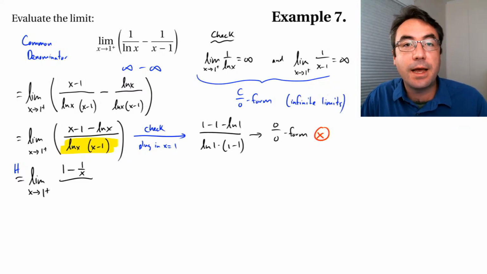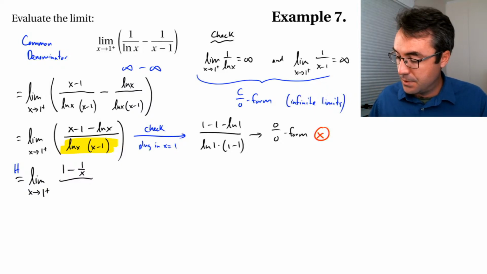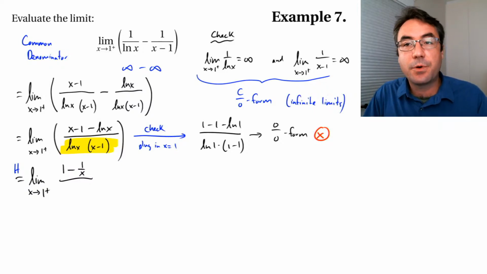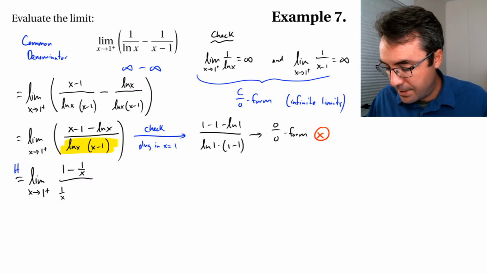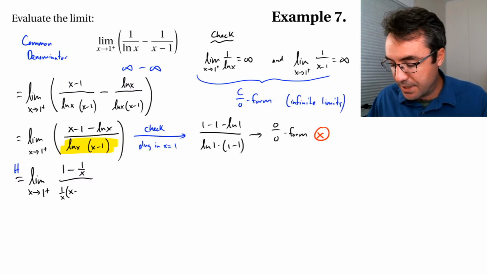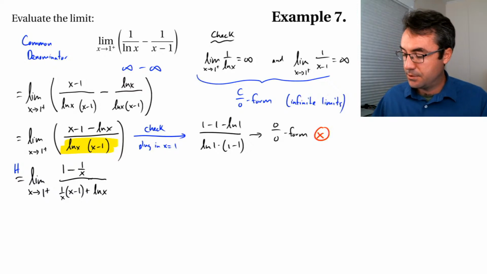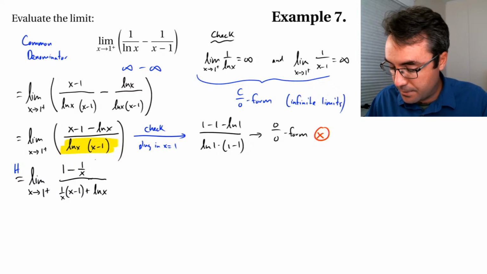So it's natural log x times x minus 1. I won't go through all the steps for product rule, but we would end up with 1 over x times x minus 1 plus natural log x.